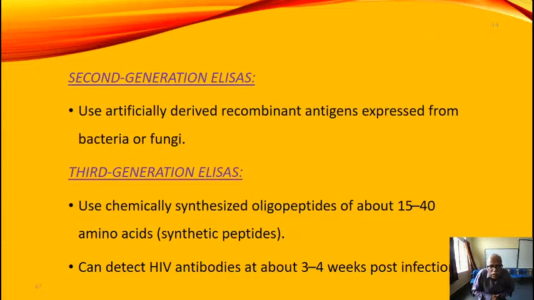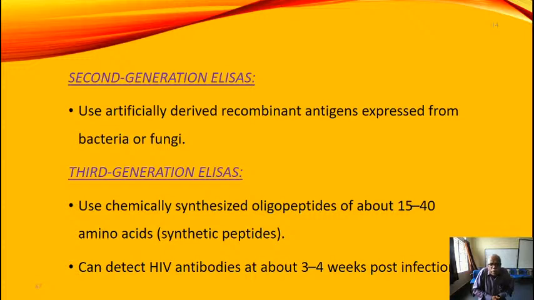So we went for the second generation ELISAs. They used recombinant antigens, expressed from bacteria and fungi. So here we are not taking the antigen from the cell, but recombinant antigens.